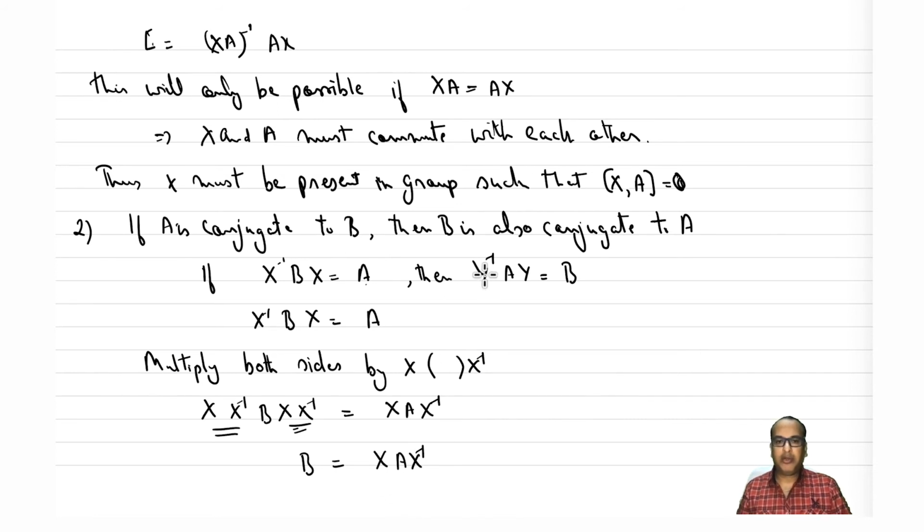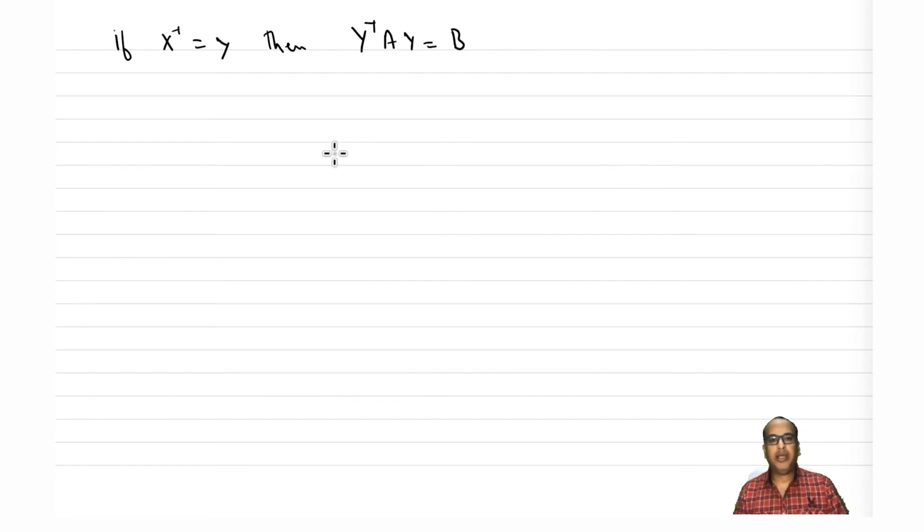But we wanted y inverse a y is equal to b. So now this is possible only if x inverse is equal to y, then we can write the above relation as y inverse a y is equal to b.